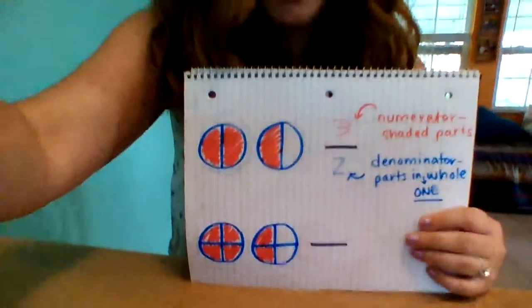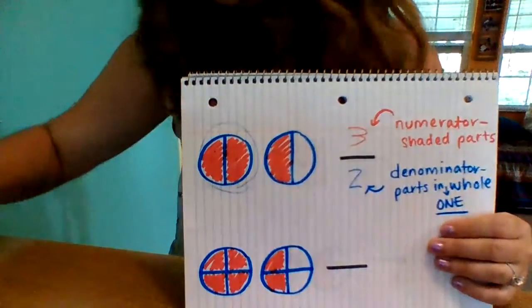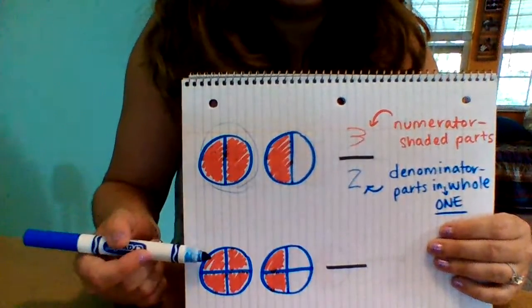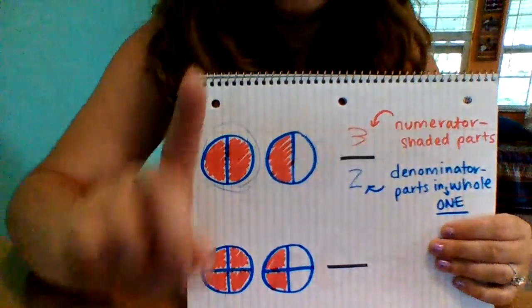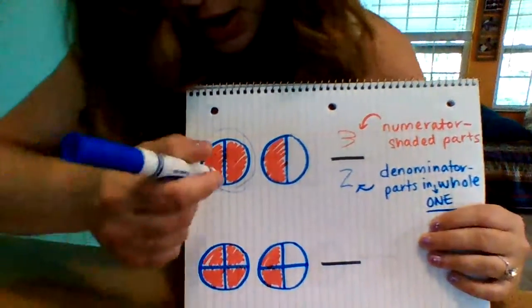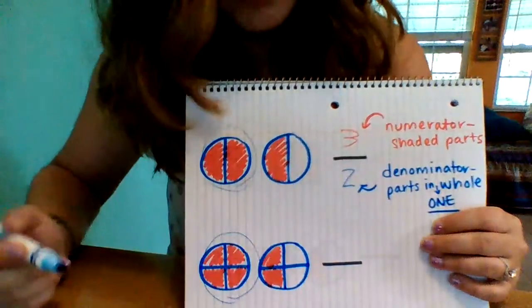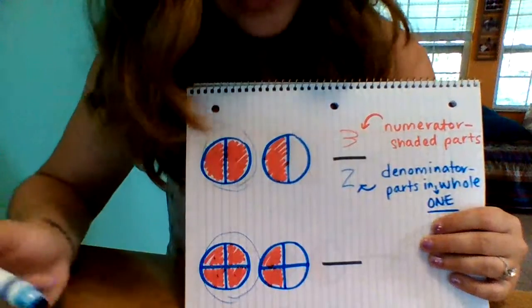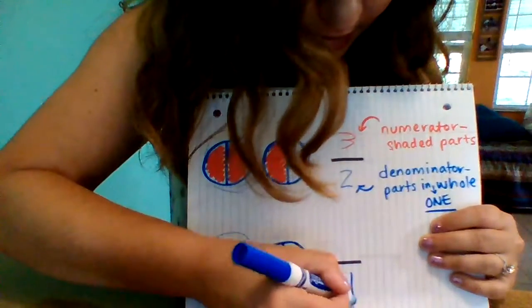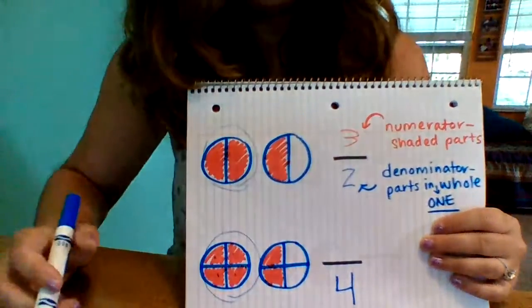Let's take a look at this model below. We want to write a denominator for this fraction. So we remind ourselves of the definition of a denominator. That's the number of parts in one whole. How many parts are in just one of these models? 1, 2, 3, 4. So my denominator has to be 4.